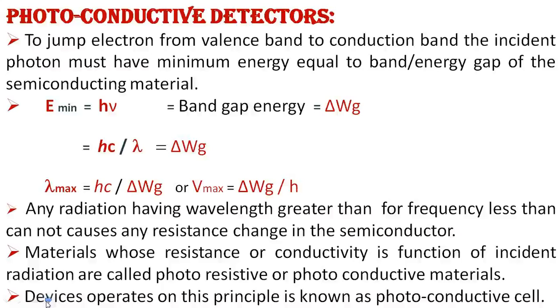Any radiation having wavelength greater than λmax, or frequency less than νmin, cannot cause any resistance change in the semiconductor. Materials whose resistance or conductivity is a function of incident radiation are called photoresistive or photoconductive materials. Devices operating on this principle are known as photoconductive cells.